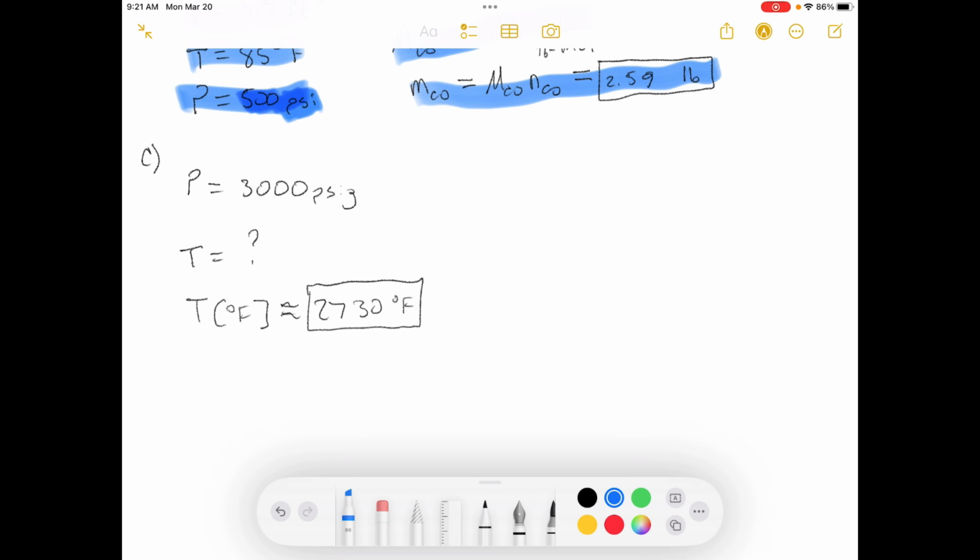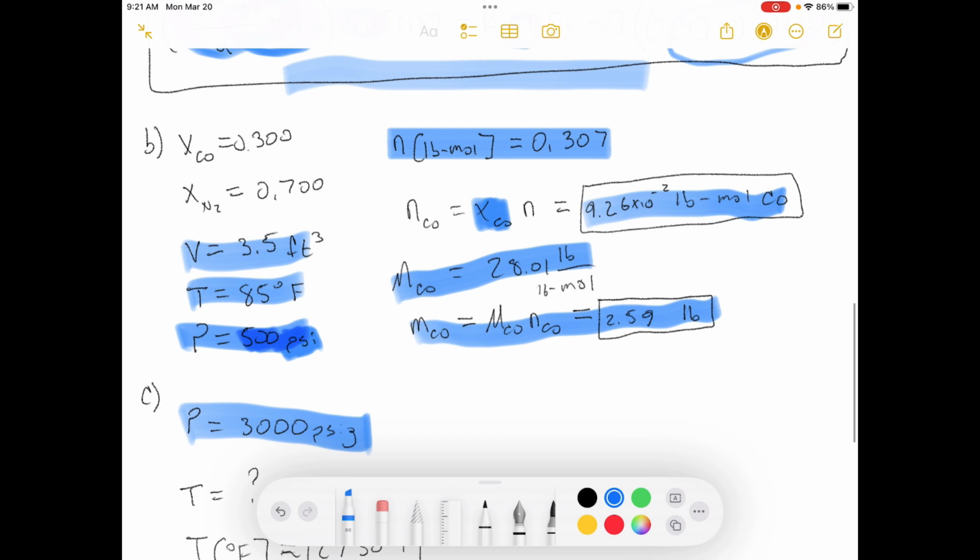Okay, so we have a new pressure, so instead of using 500 like we did before, we use the new one. The number of moles stays the same, because the number of moles doesn't change when you heat and cool the tank, and the volume doesn't change either. Temperature is changing, so that's what we're solving for, and they gave us a new pressure.